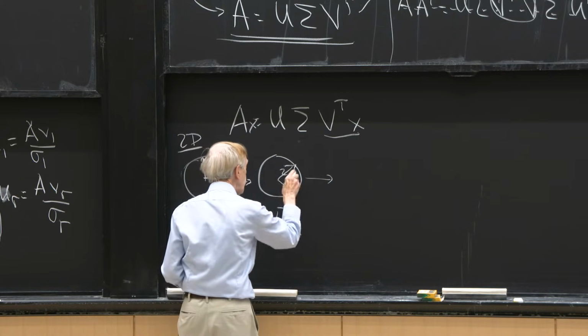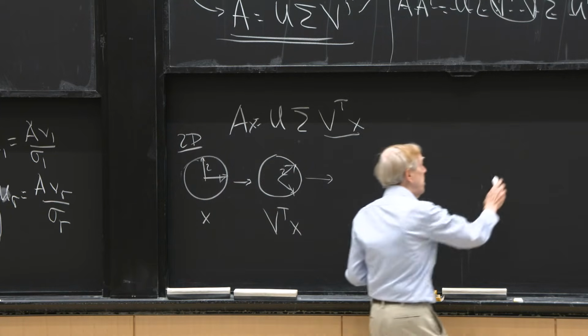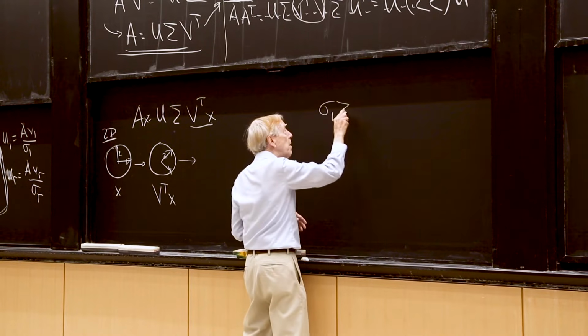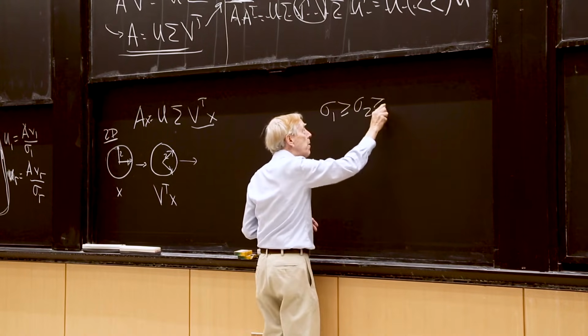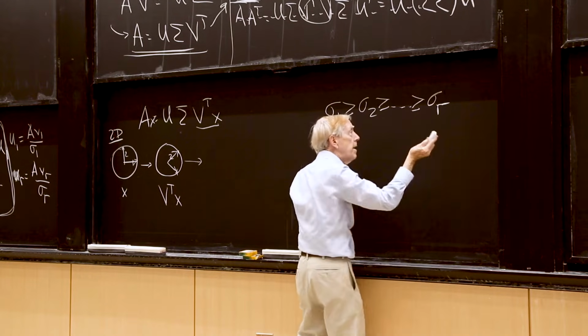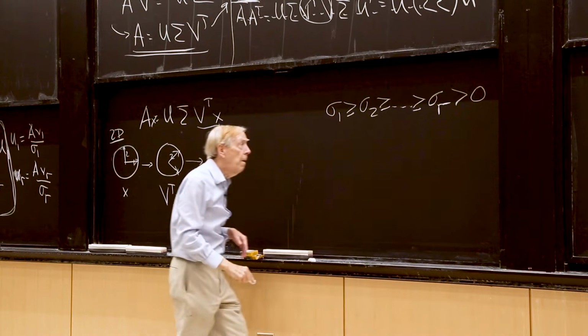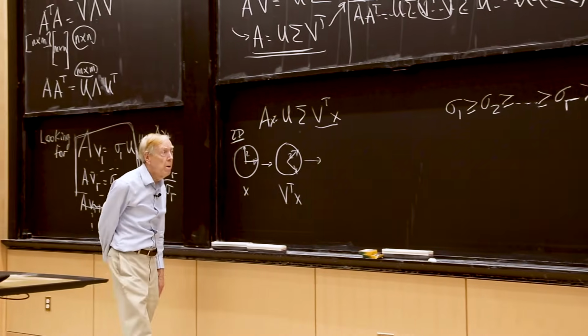Our convention is sigma 1 is always greater or equal sigma 2, greater or equal whatever, down to sigma rank, and they're all positive, and the rest are 0.